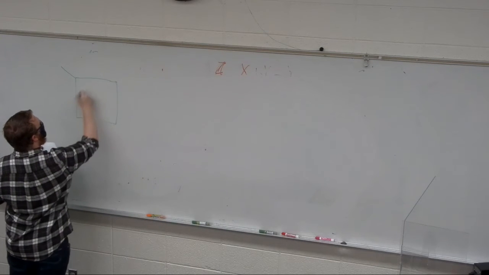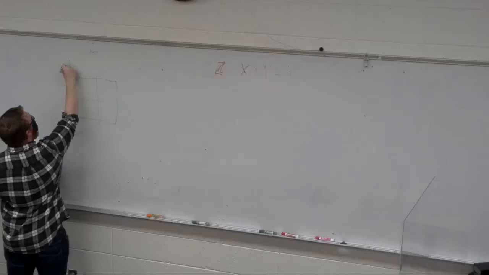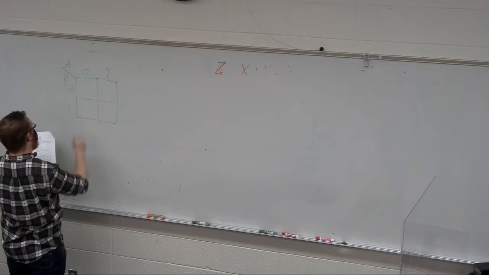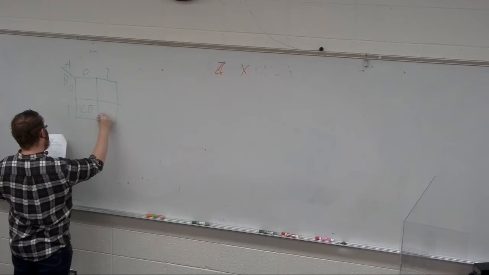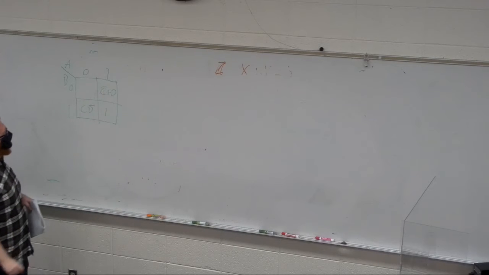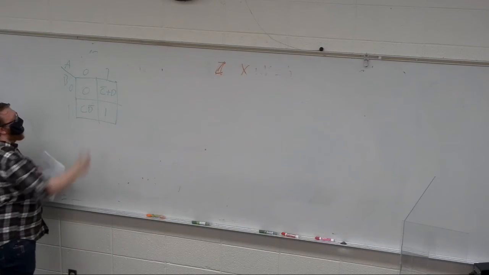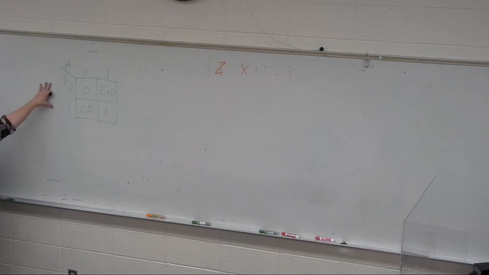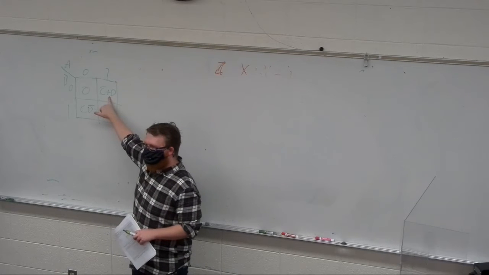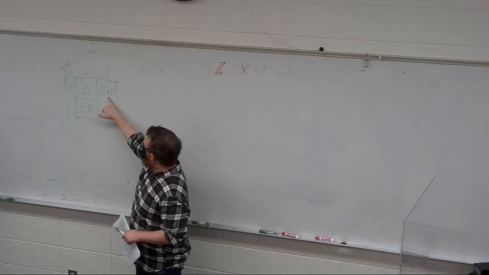Let's draw our 4-variable map in a different way. This is still just a 4-variable map drawn in a different way. Now these ones are a little bit tricky because you can't treat these ORs quite the same together.